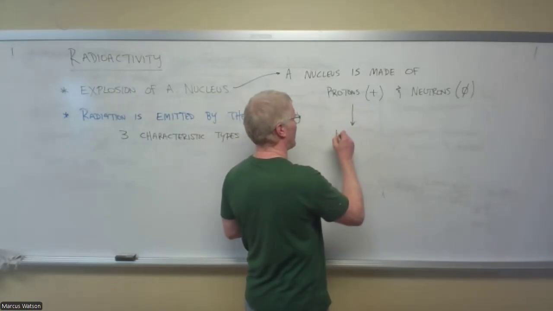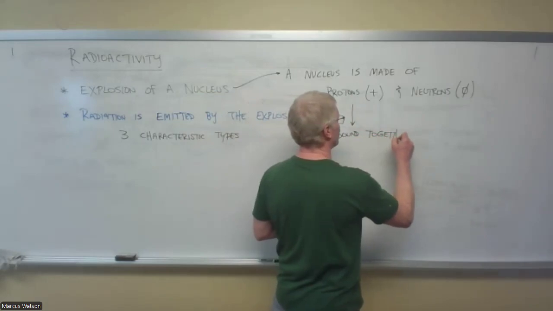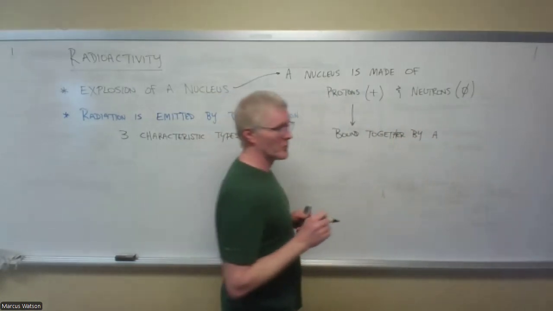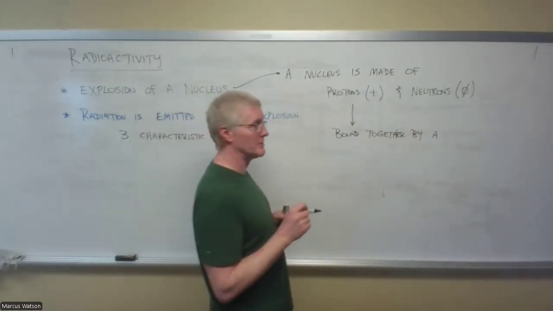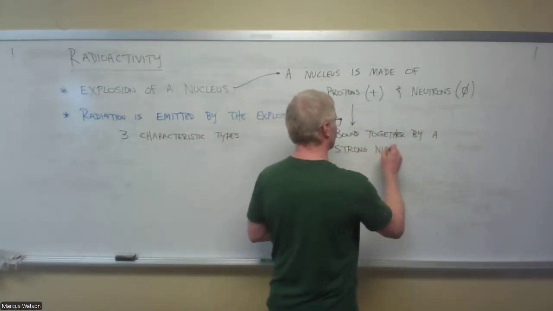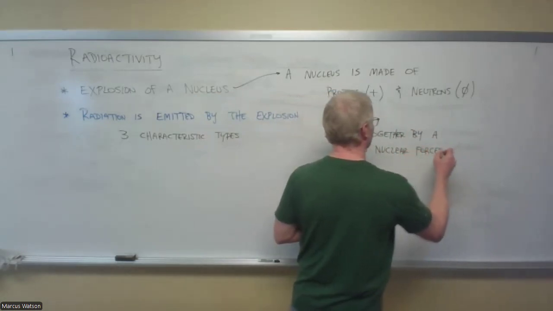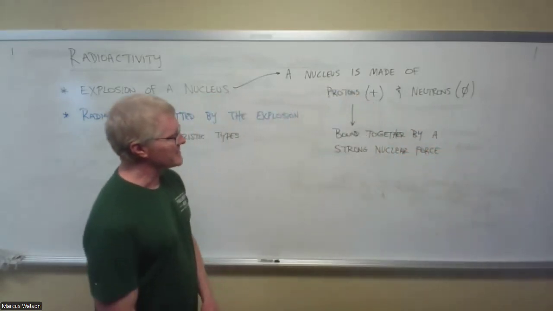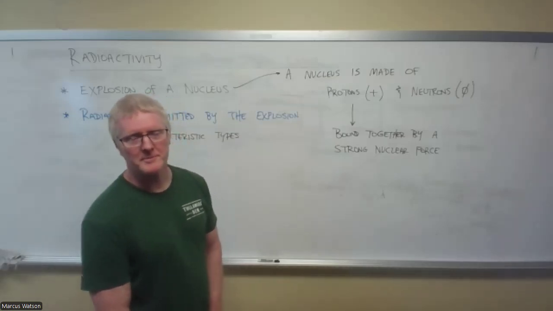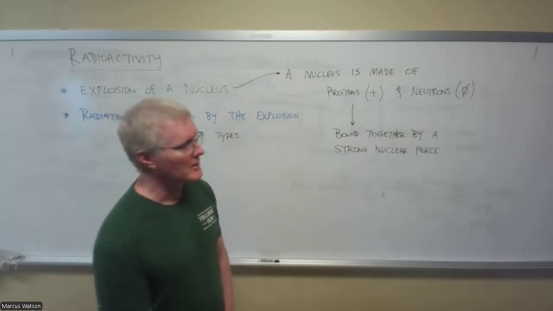So these protons are bound together by a force that is stronger than the electromagnetic repulsion, a force that's known as the strong nuclear force. Since they're bound together by a strong nuclear force, we just call it the strong nuclear force. Because, creativity.